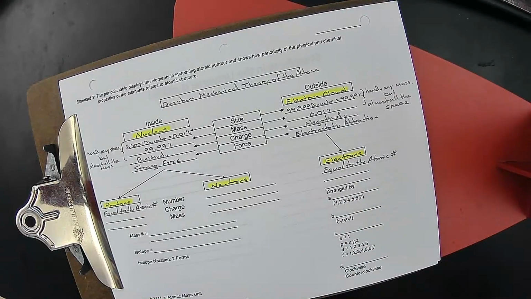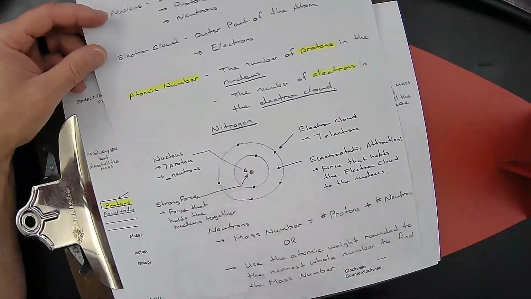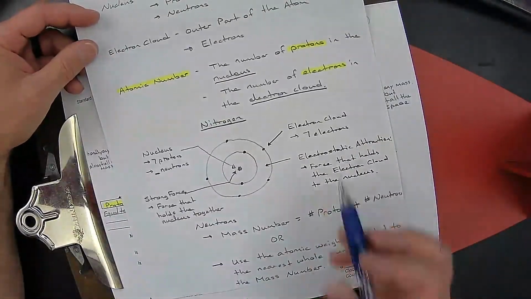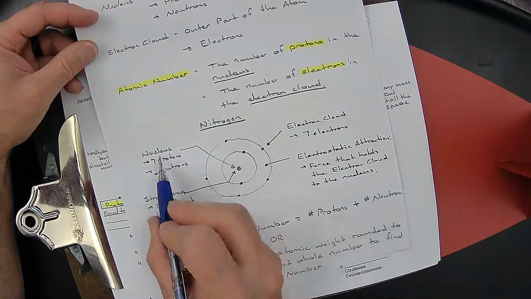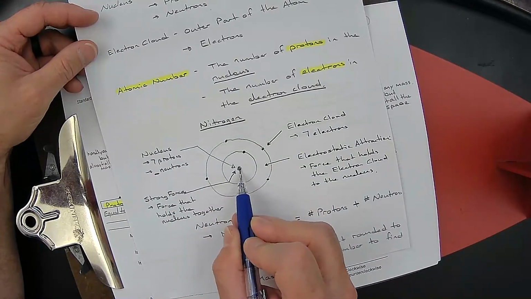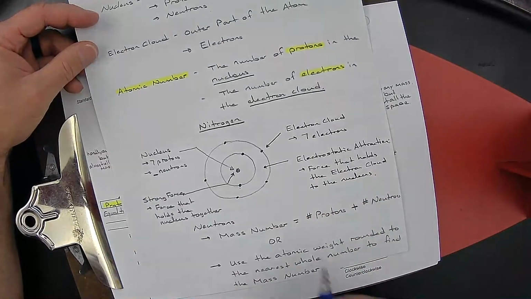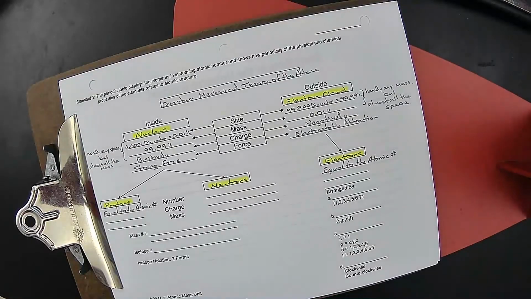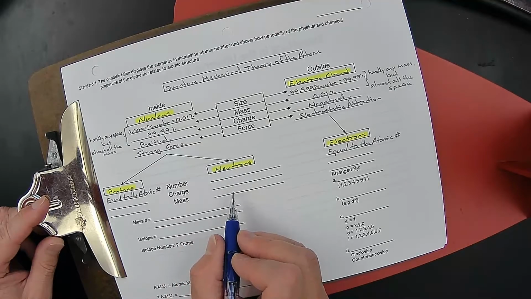If I pull over the sheet that we looked at last time when we drew nitrogen and we found out that it was number 7, number 7 meant it had 7 protons in the nucleus, in that inner part, that tiny little part here, and 7 electrons in the electron cloud. And we hinted at how we figured out where those electrons were going to be. We also learned in our notes, I'm going to leave this space blank.